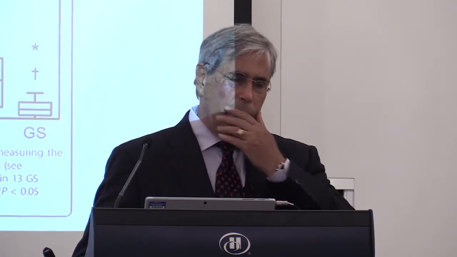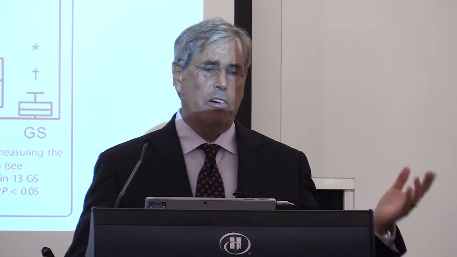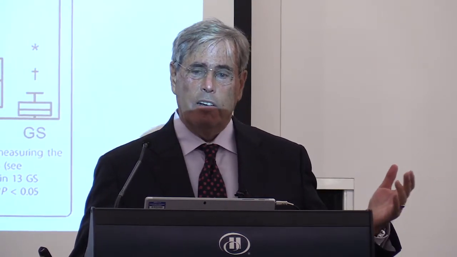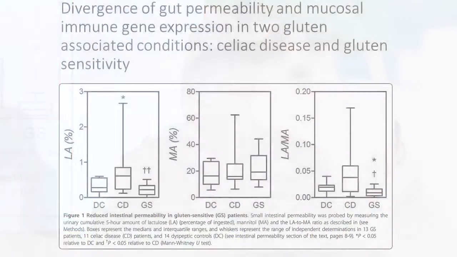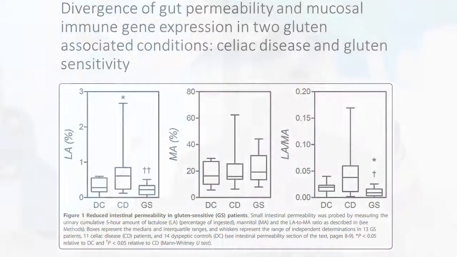What's interesting that we found out, and this is just speaking to the question as to whether or not leaky gut is real and who gets leaky gut, is that the controls, and in this study they used people who had dyspepsia as controls, looked also at patients with celiac disease and gluten sensitivity, defined as people who go off gluten and feel better but don't have celiac.